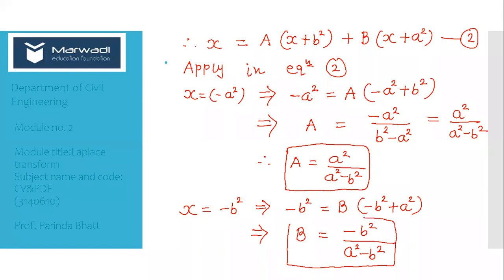Both the denominators are the same, therefore we take this value as it is, minus b square. Yes, Deepak, very good. Divide by a square minus b square. Apply these values in equation number 1. Quickly note it down.